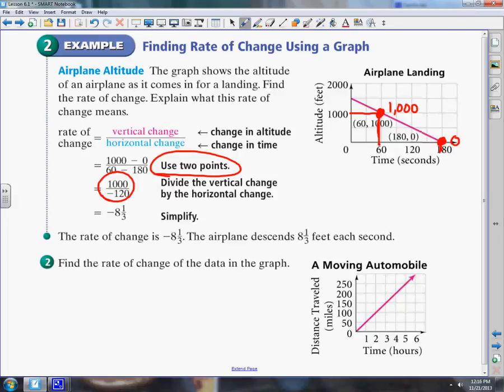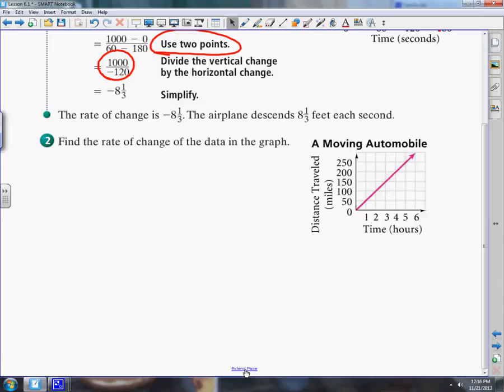So find the rate of change in this graph. Try this problem in your notebook. Okay, so I'm going to use a couple points here. You could pick any two that you want. If you pick 2 points, you have (0, 0) and (2, 100).